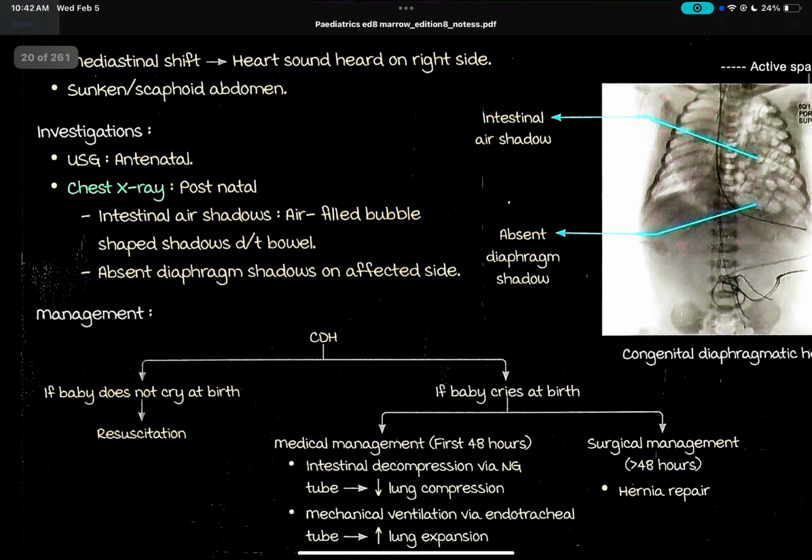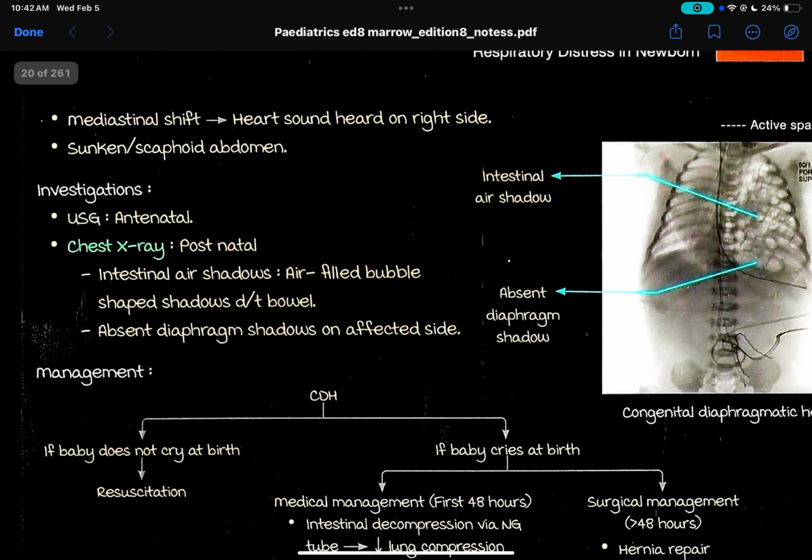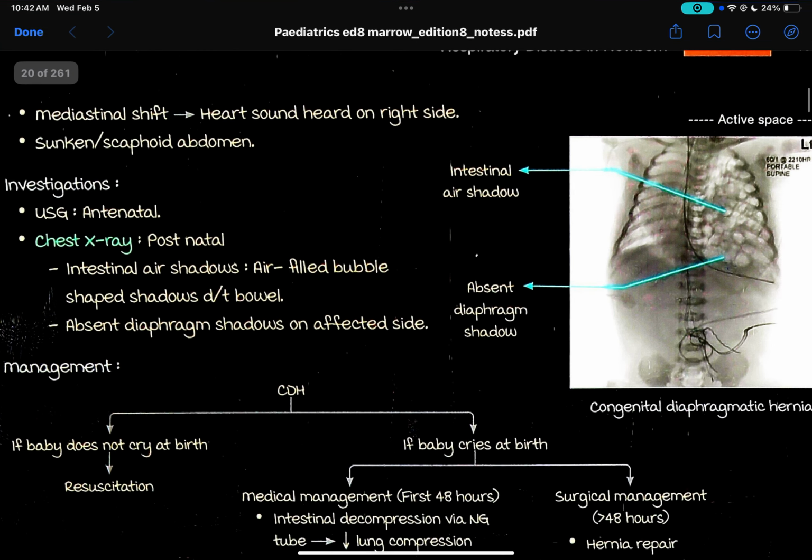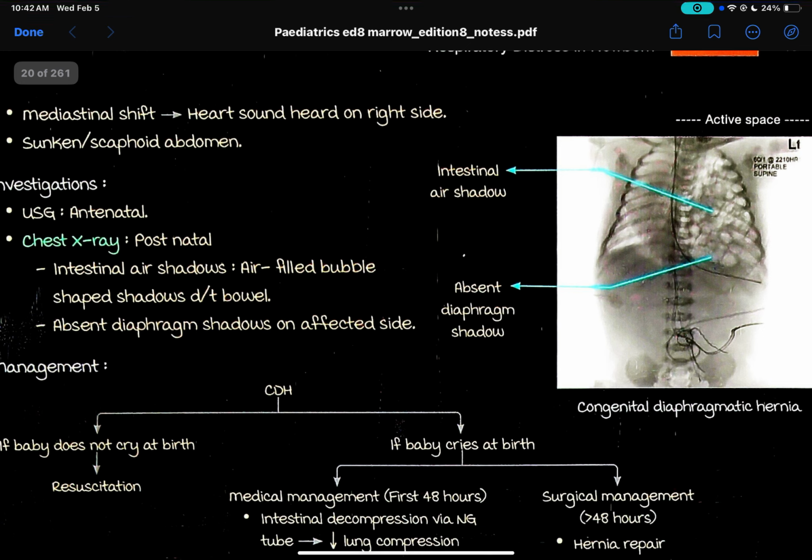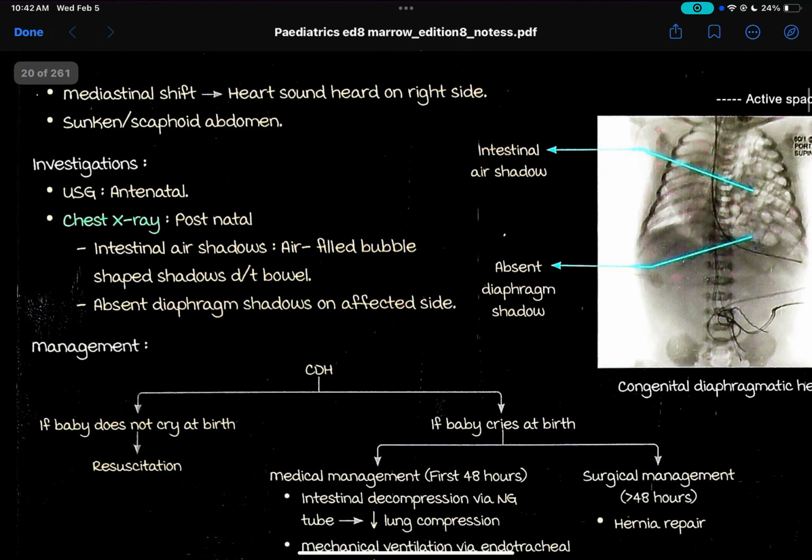Now, mediastinal shift, that is how heart sound is heard on the right side. It has a sunken scaphoid abdomen. In congenital diaphragmatic hernia, you see absent diaphragm shadow and intestinal air shadow in the lung space.